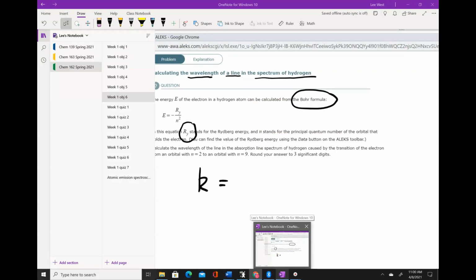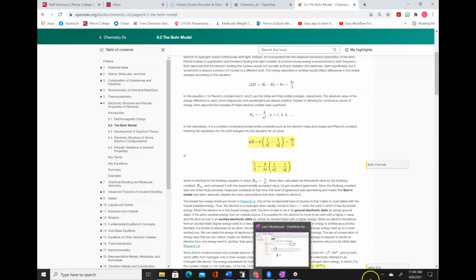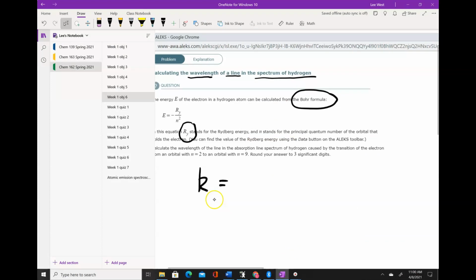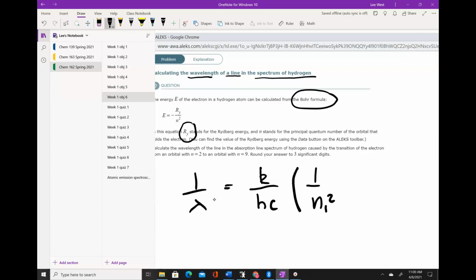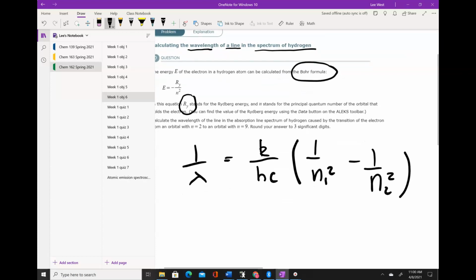All right. So, wrong window. There we go. All right. So 1 on lambda is K on HC times 1 on N1 squared minus 1 on N2 squared. I'm just using K instead of uppercase RY because most people use the lowercase k.